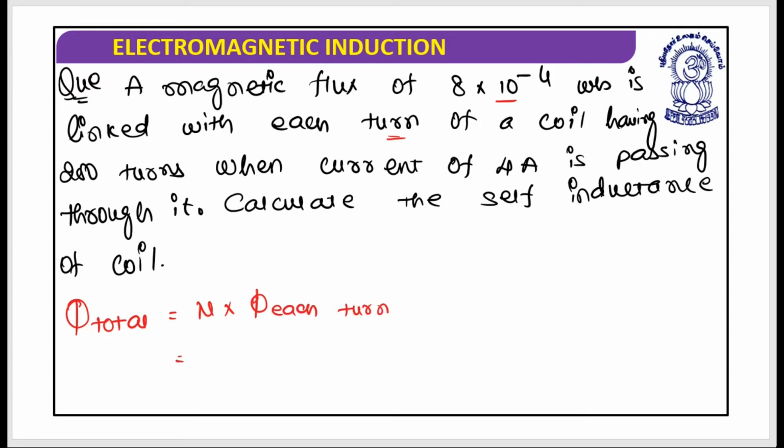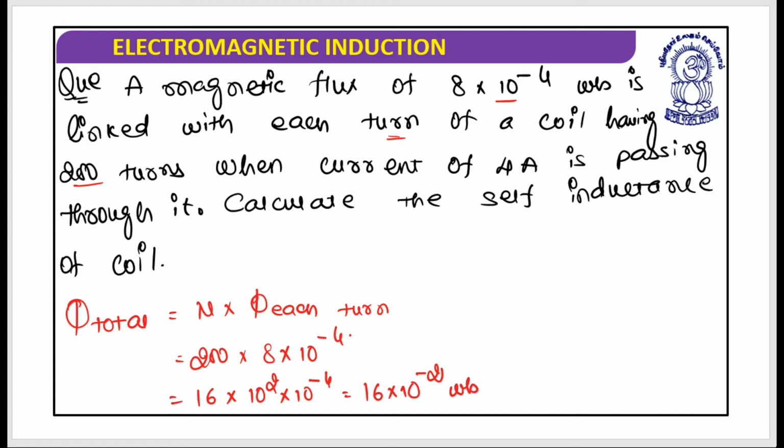So this is the total number of turns, 200 turns, multiplied by phi due to each turn, 8 into 10 to the power minus 4. This is 2 8s are 16 into 10 squared into 10 to the power minus 4, which equals 16 into 10 to the power minus 2 Weber. I hope this is clear. Now in this situation a current is passing. That current is equal to 4 ampere.